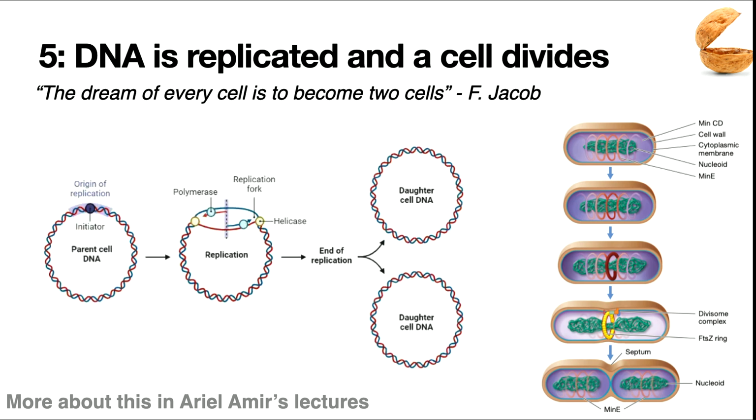So what a cell has to do is that it has all this instruction in DNA, and at a certain point has to duplicate this DNA, and from one copy of the DNA make two copies, and then segregate and become two cells, okay?